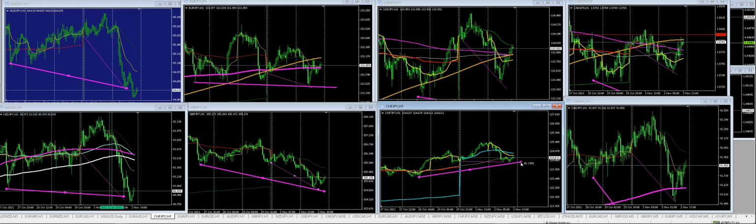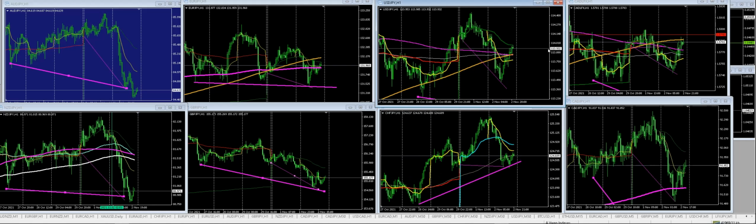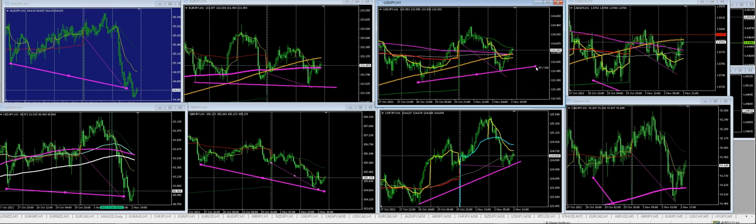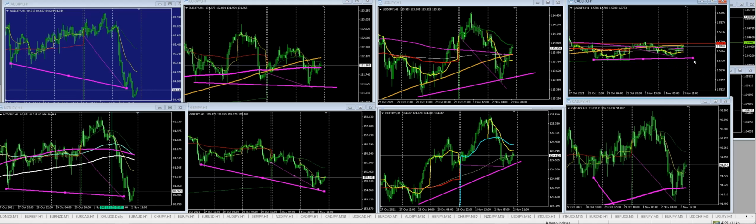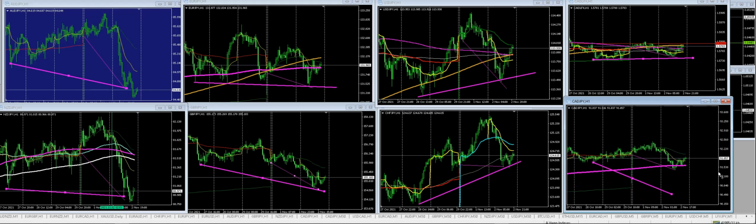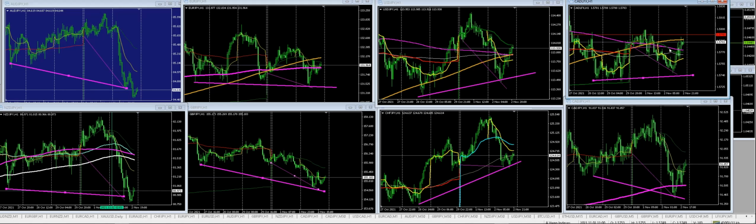So we can see right away Swiss is super strong still. Dollar is now all of a sudden looking strong. And this is how you get tricked, because if you don't look for these, you'll end up taking this trade, but the overall picture was this trade.